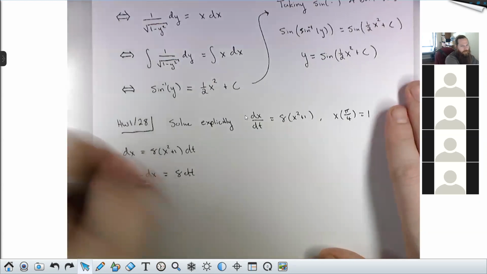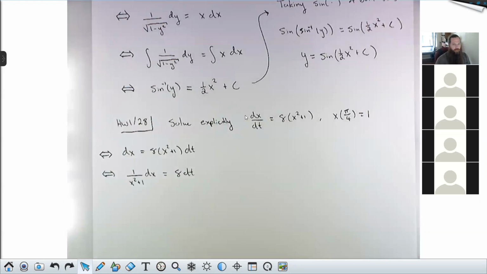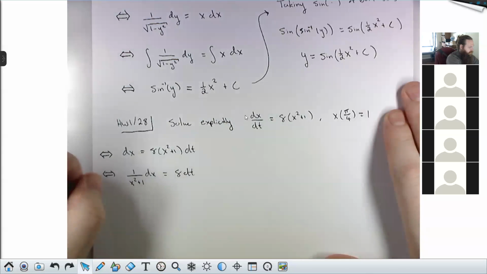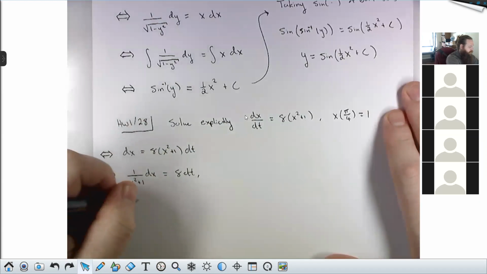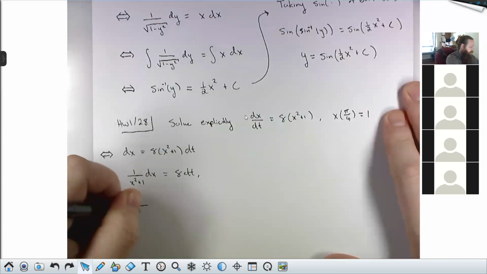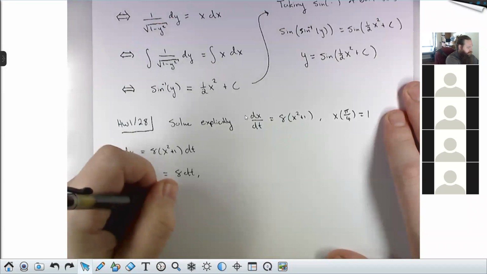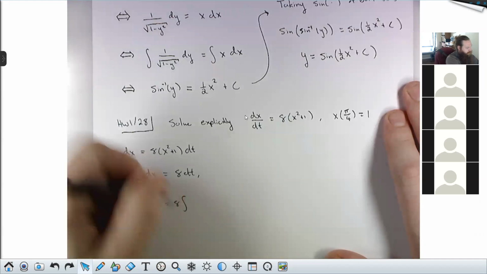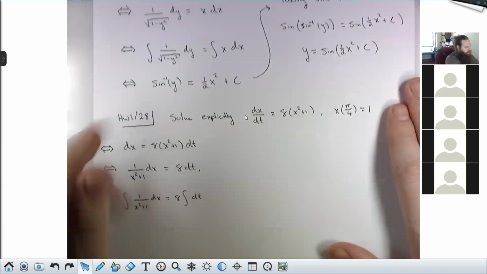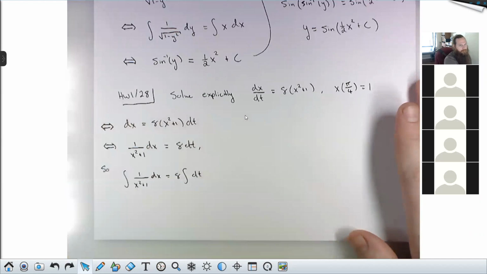You could divide the 8 over also if you wanted. It doesn't make a difference. And now I integrate on both sides. So the integral of 1 over x squared plus 1 dx is equal to 8 times the integral of dt, popping the constant out.